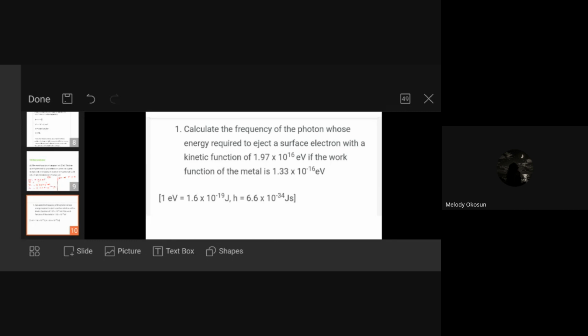The question says to calculate the frequency. So take down the question: calculate the frequency of the photon whose energy is required to eject a surface electron with kinetic energy of this, if the work function of the metal is given as that. Please write it down so we can quickly solve this one before we go back to the other one.